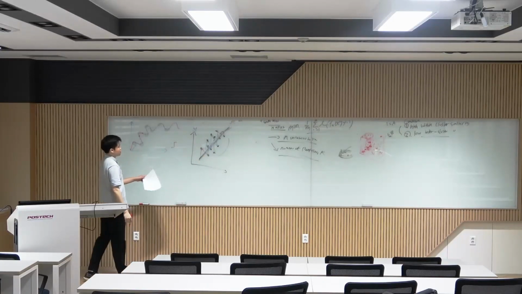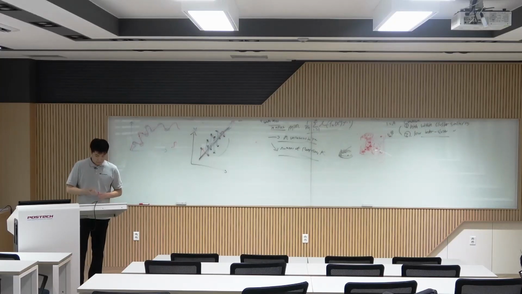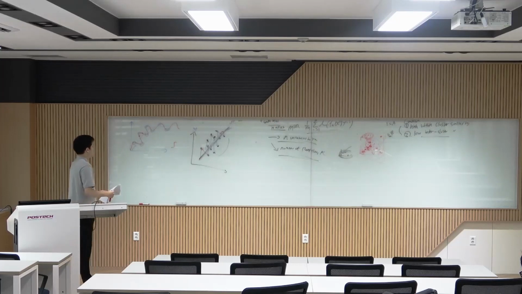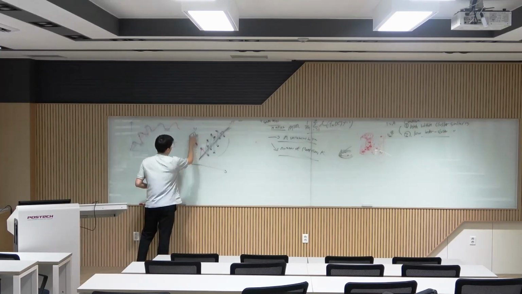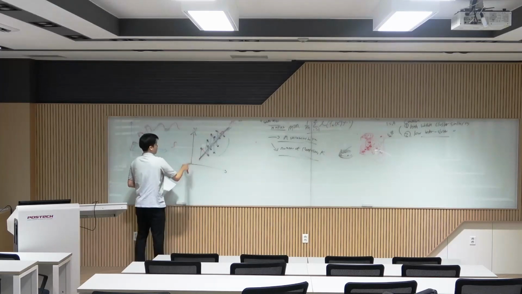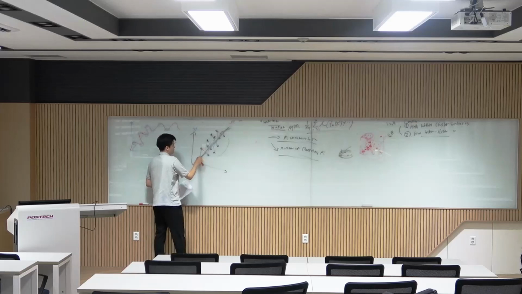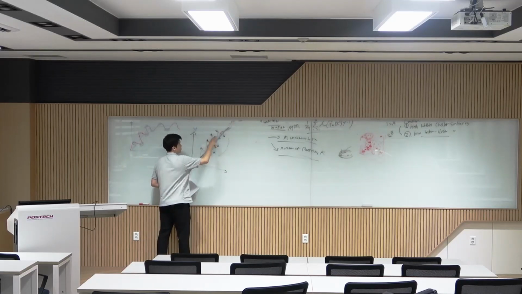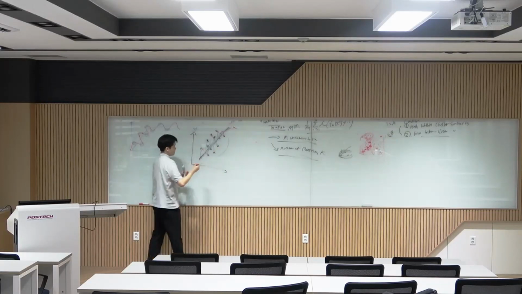So this is the difference between linear regression and PCA, okay? Linear regression wants to reduce the error in the y distance. And for PCA, you want to reduce the error in the direction that is perpendicular to this u, or principal component.